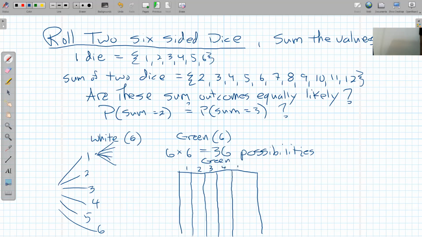I can make tables neater than I can trees, but try way harder to make a neat tree, or a 6. And then the white one on this side, well, it has the same possibilities, and then we put them all together. I'm going to run out of room here. 1, 2, 3, 4. Ooh, just barely enough room if I squeeze that in there.